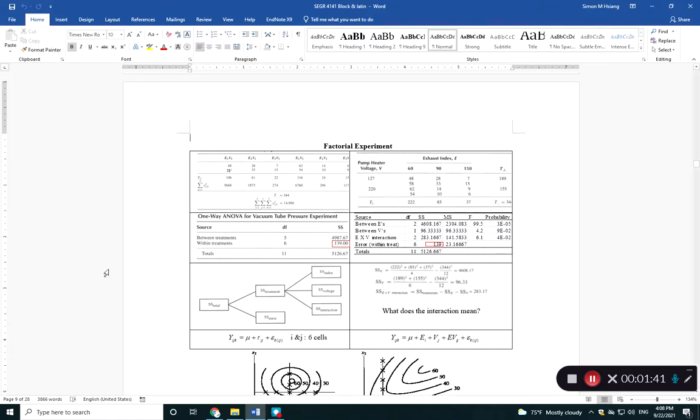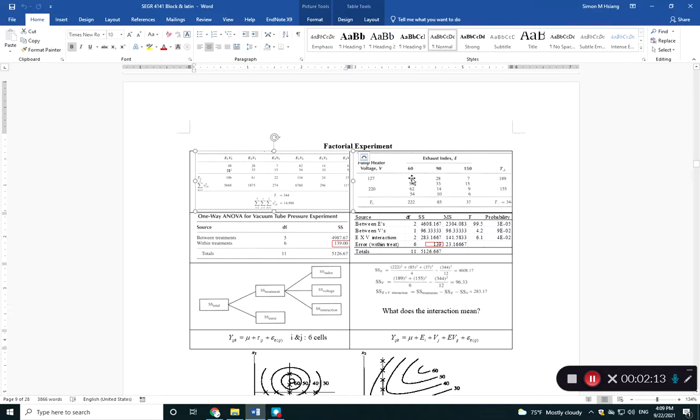Okay? Now, I'm going to show a simple example. Technically speaking, I have 3 exhaust levels: 60, 90, 150, and 2 voltages. So I can consider that I have 2 factors, 1 for voltage, 1 for E here. And so you can consider how many treatments I have in reality.